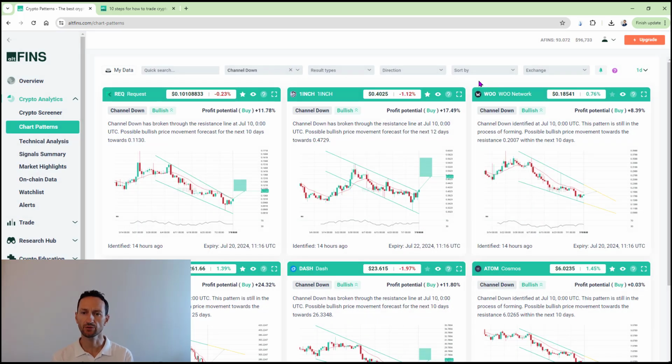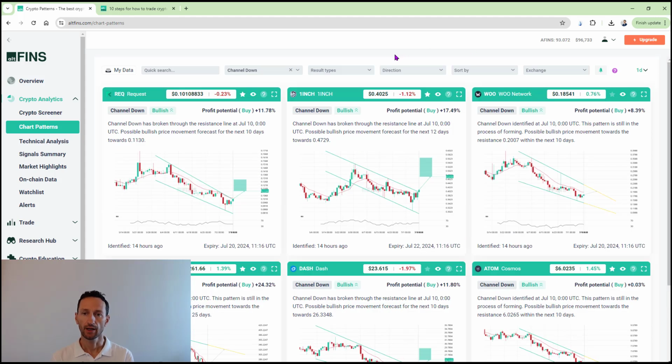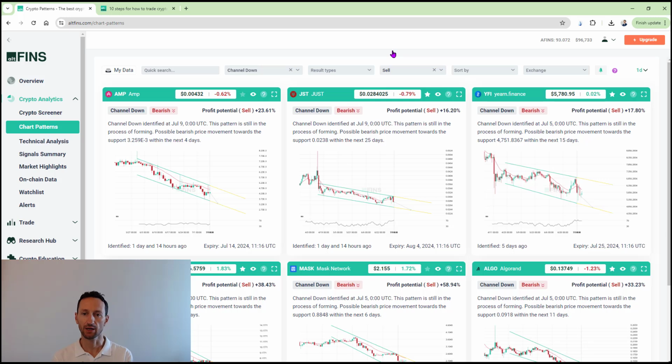Again, very similar to falling wedge. It does have a higher winning success rate, so maybe we should use those or both. And again, I would also look at some potential bearish opportunities as well to balance out my risk.